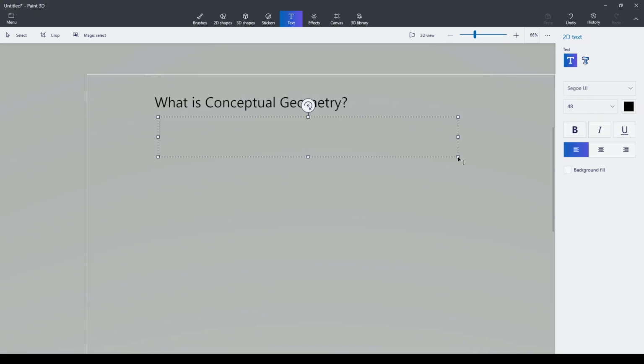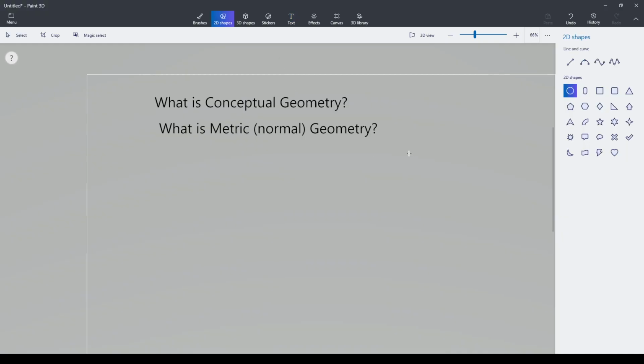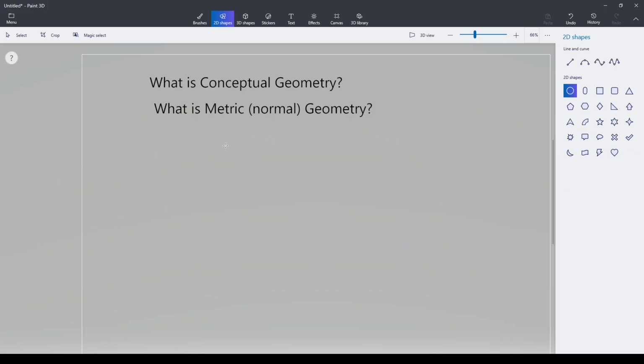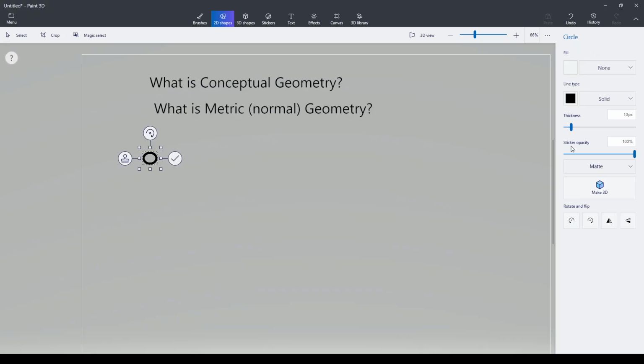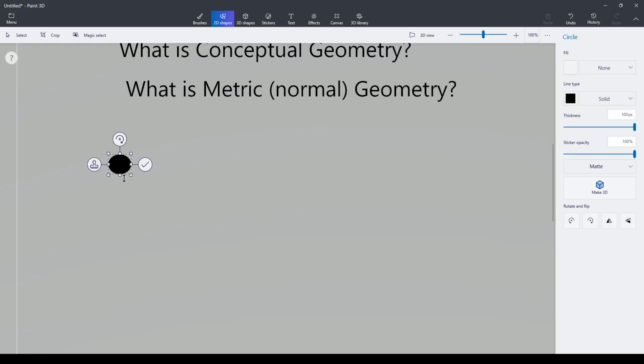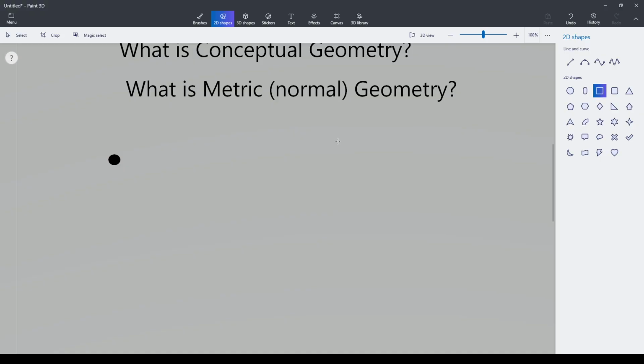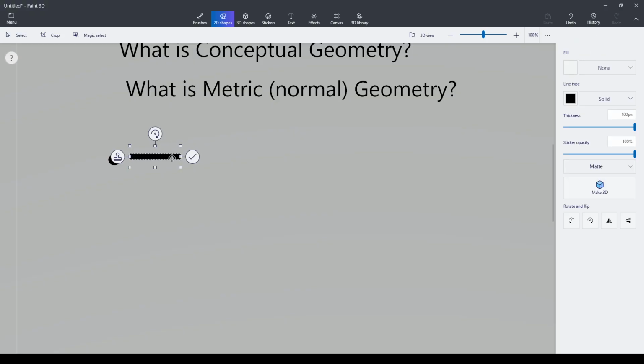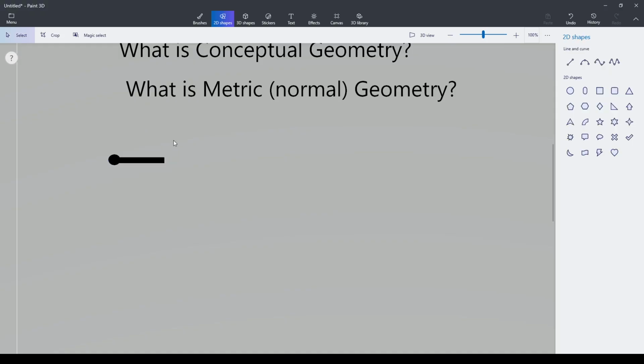So, the other question here is, what is metric or normal geometry? Well, we're not going to go into the entirety of what metric geometry is, though we will cover parts of it. But here's the thing: let's say that we're looking at the most basic level of the differences between the two.